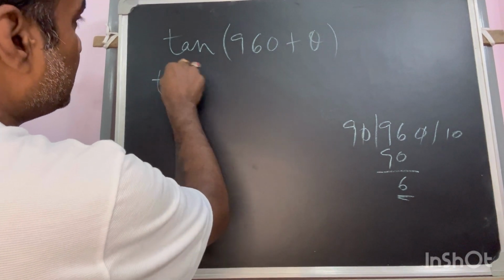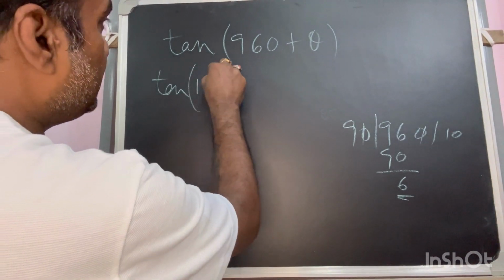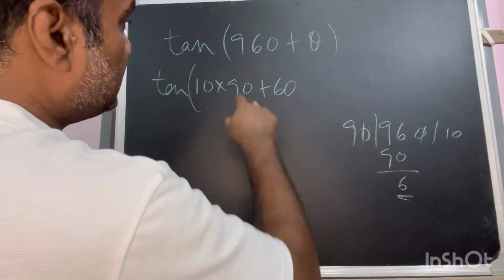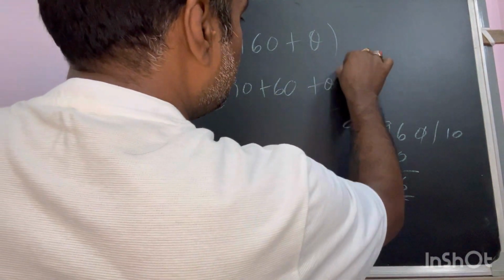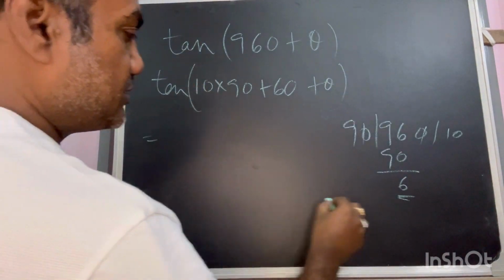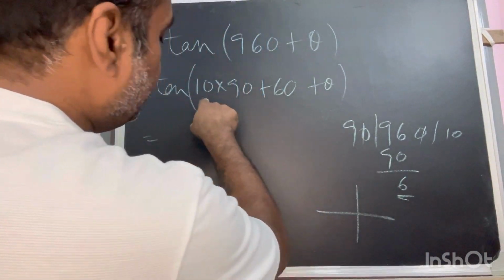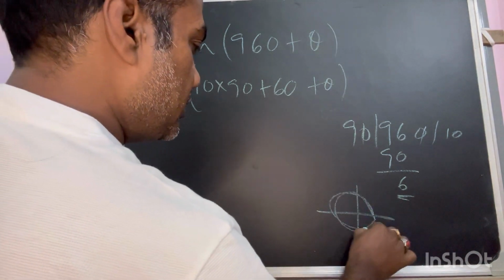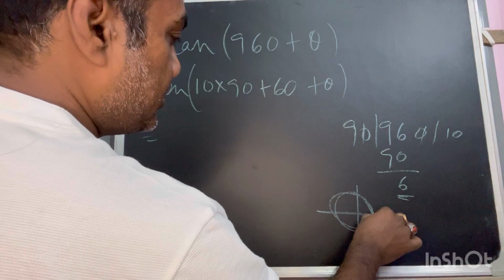So this will be 10 into 90 plus 60 plus theta. Now you have to decide. 10 is even, so 2 turns finish up to 8, then further 2.